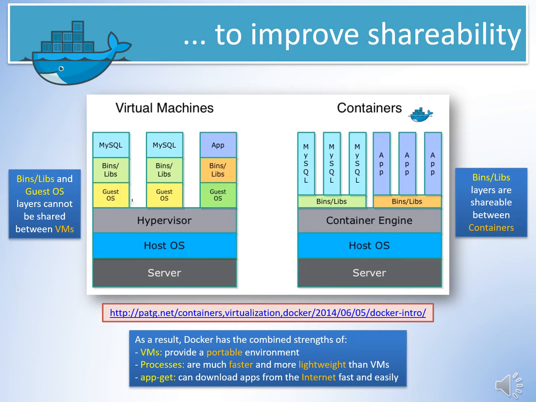As a result, even if Docker keeps the same 20 gigabyte guest OS, only one 20 gigabyte file is needed and shared between two or more containers. So even if you have 100 or 1,000 Docker containers running the same guest OS layer, you only need 20 gigabytes for them all.